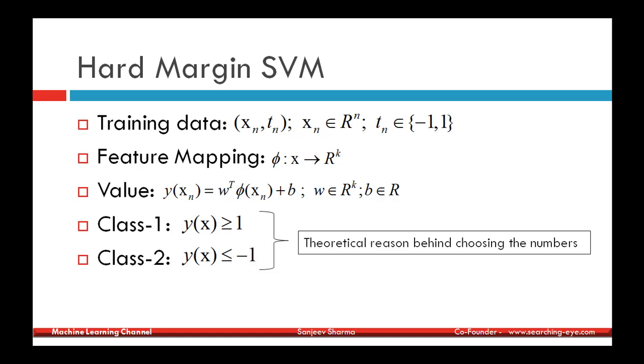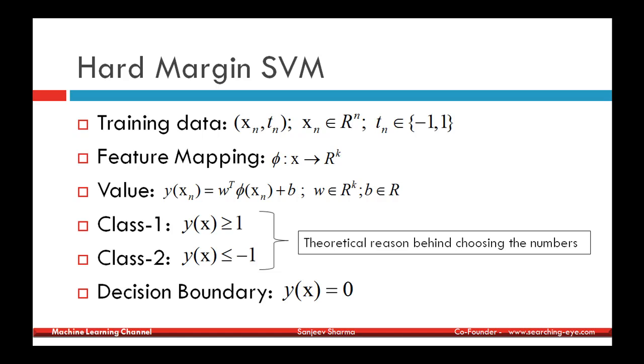So in the case of a linearly separable dataset, we can use this kind of formulation where we need to find the weight vector w and the scalar b such that each instance in class 1 has a value greater than or equal to 1, and each instance in class 2 has a value less than or equal to -1.